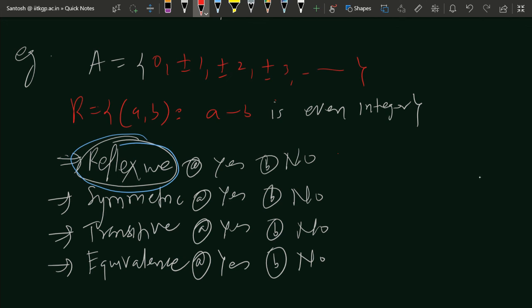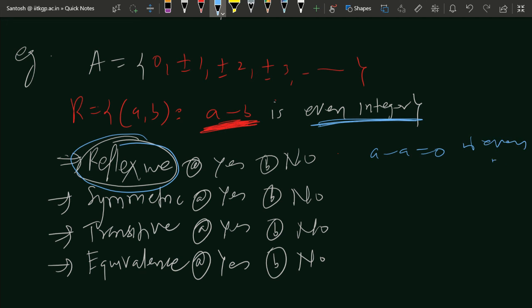What do we check in reflexive? Whether (A, A) belongs to R or not. So what will be A minus A? 0. And can we say 0 is even? Yes, 0 is an even integer.